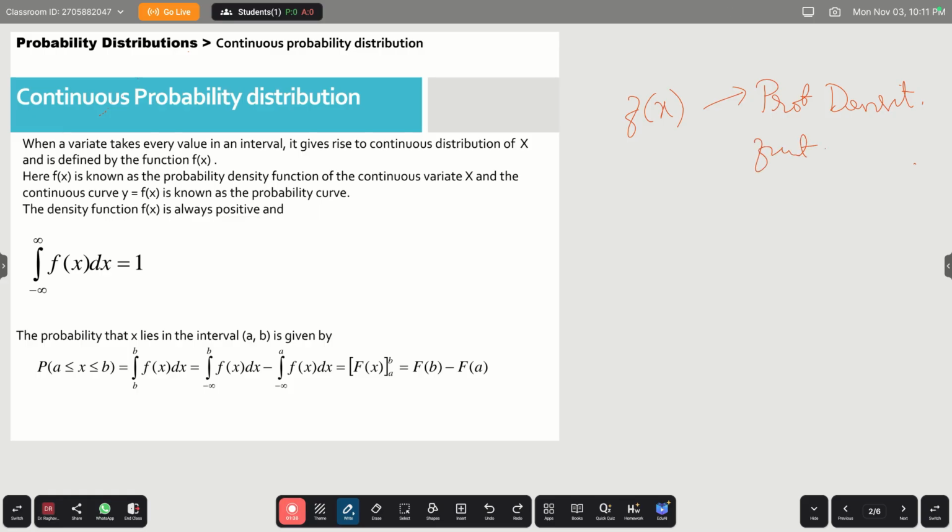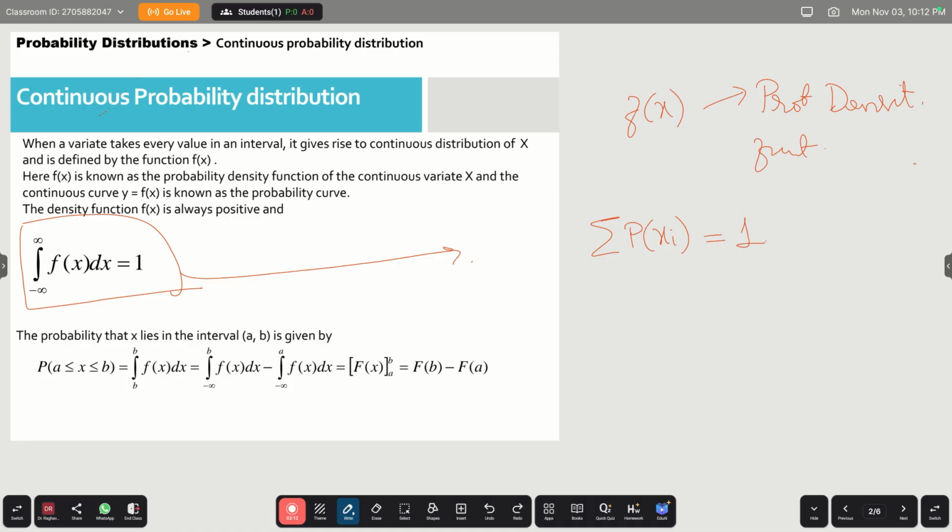And this is called a valid probability density function if it satisfies two conditions. One is this. When you integrate f of x from minus infinity to plus infinity, it should give you the value 1. Unless it's 1, this is not a valid probability density function. You might remember, in case of discrete probability distribution, we used to have this condition: sum of all probabilities is equal to 1.